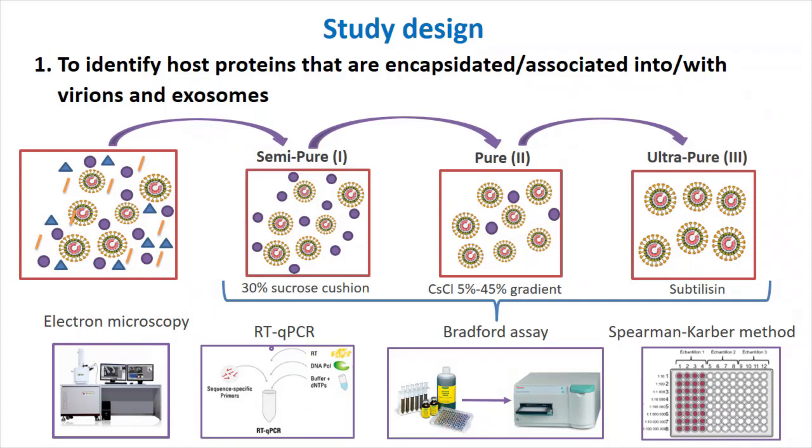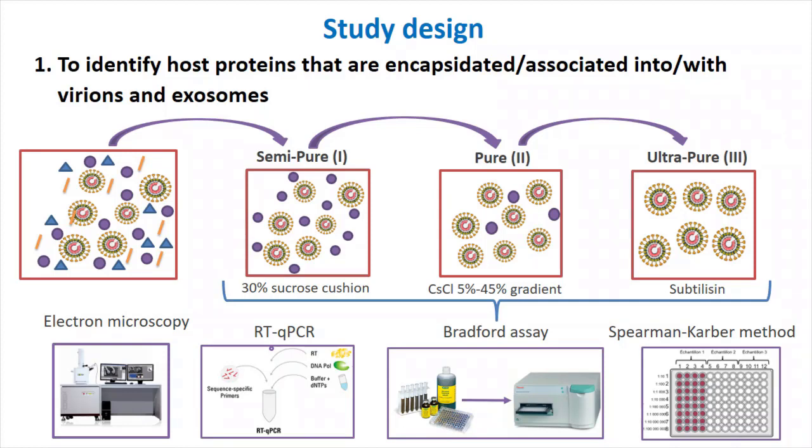So in order to say with a certain level of confidence which proteins are encapsidated or associated with viral particles, we did differential treatments, ultracentrifugation, and treatments with some enzymes in order to get highly purified viral preparations, which I will call ultra pure viral preparations.